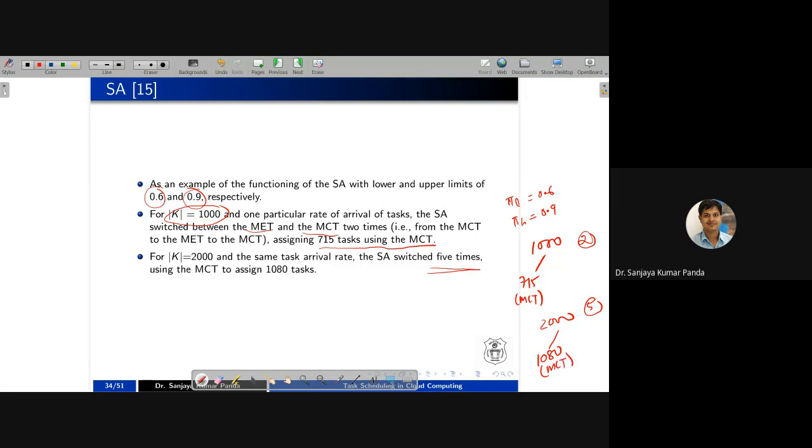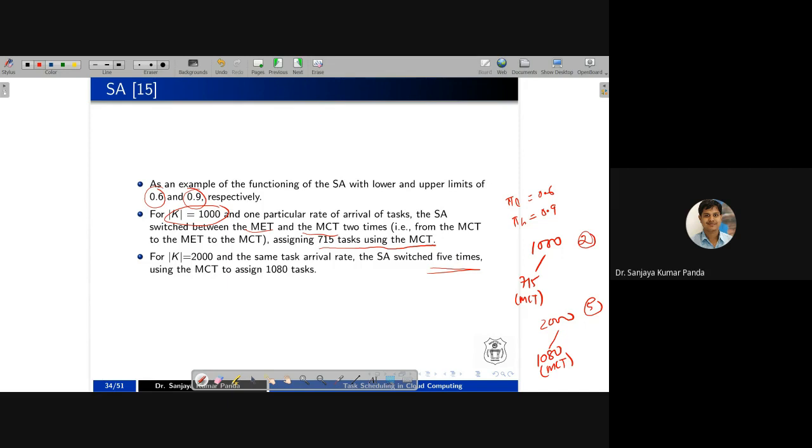Using MCT, it is assigning 1080 tasks, right? And the rest are assigned using MET, minimum execution time. So let us see an example to clear this idea.